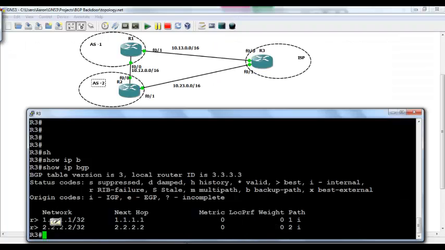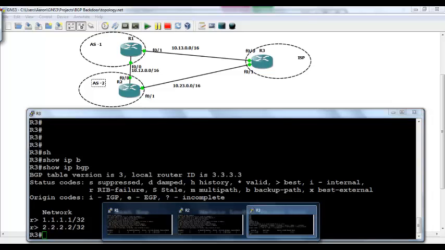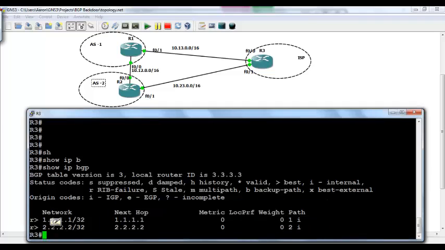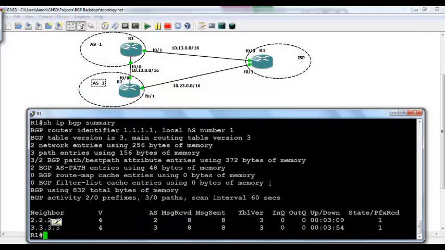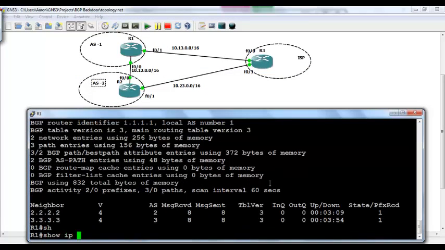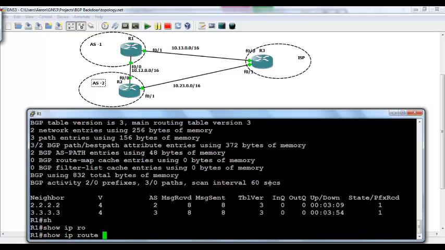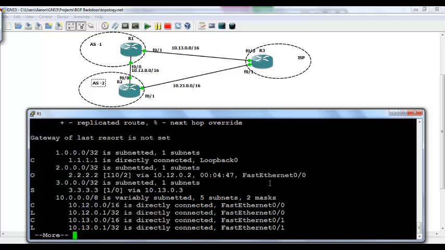To demonstrate that, I have taken these 3 routers, and they are already configured. Now if I go to router 1 and check the routing table, show ip route, I am seeing 3.3.3.3, but I am not interested in that.